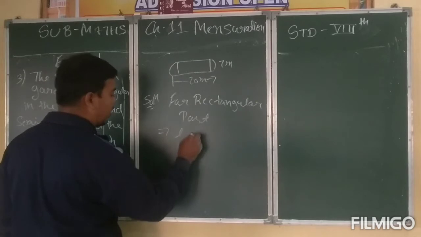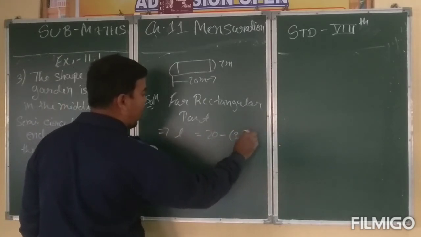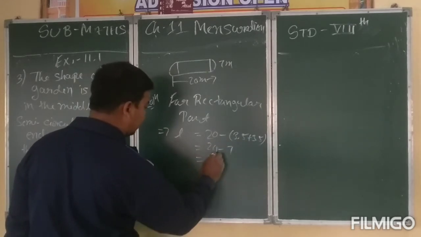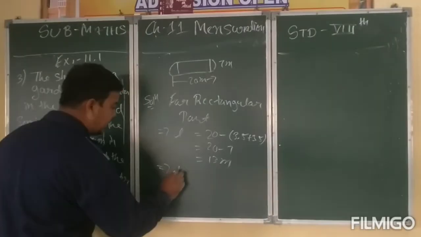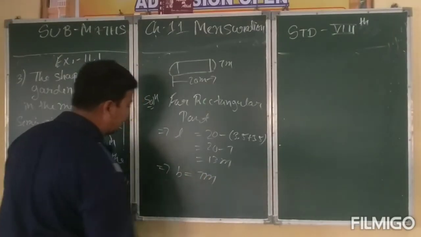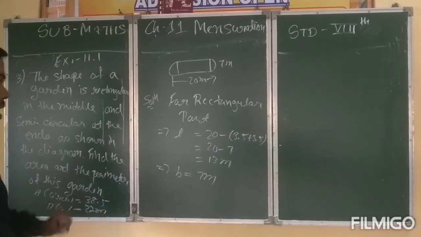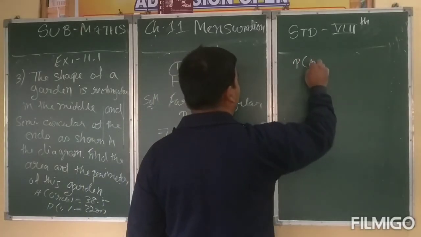So the length of the rectangle is 20 minus 3.5 minus 3.5, means 20 minus 7 is 13 meter. Then breadth is 7 meter. Length is 13 meter, breadth is 7 meter. Now first of all find the perimeter of the rectangular part.